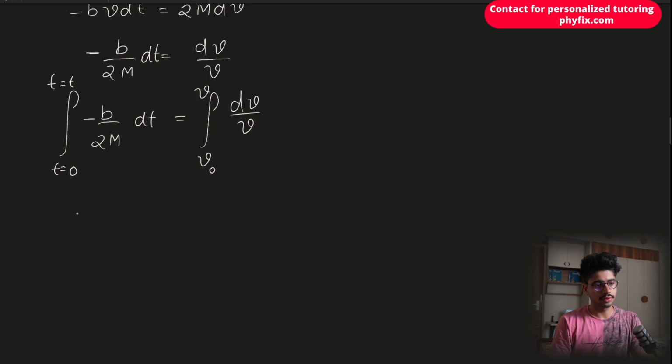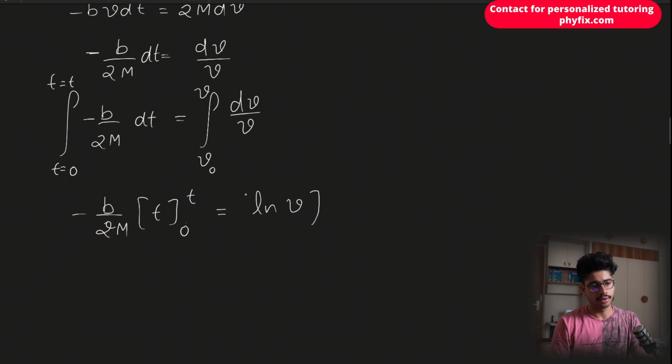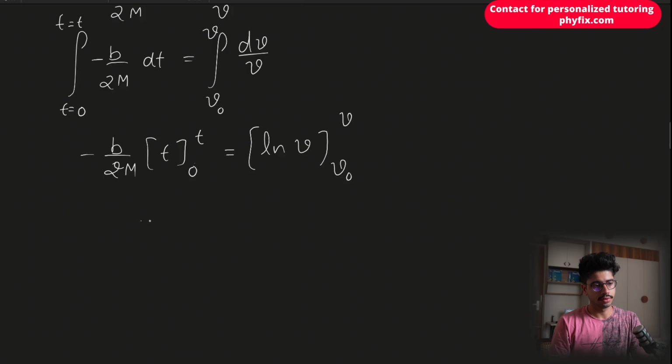This is a constant, so it is going to come outside. Integrating dt from 0 to t, this is ln of v, upper limit minus lower limit, equal to minus b by 2m times t, that is ln of v minus ln of v0.